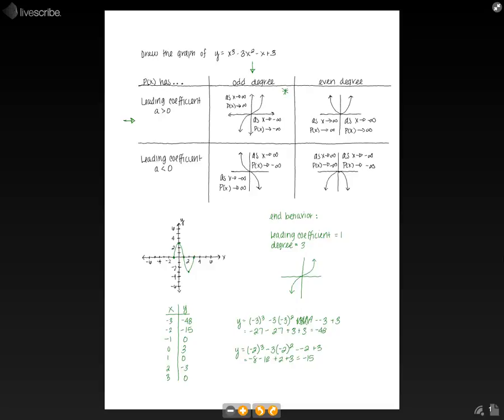So from the point 3, 0 that we just plotted, our graph has to go up, like that. Now we're going to look at the other end behavior. As x approaches negative infinity, p of x approaches negative infinity. So if we travel left along the x-axis, that means we need to go down. So from this point -1, 0, we know we need to go down in that way. And that is how you graph that function.